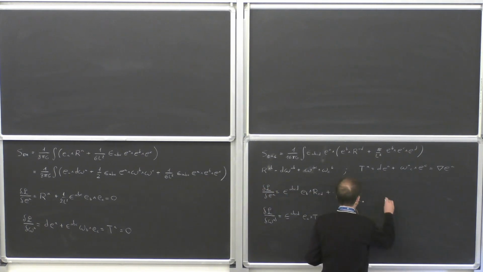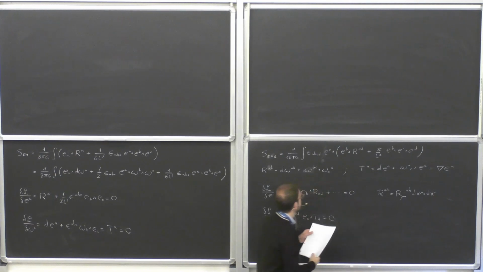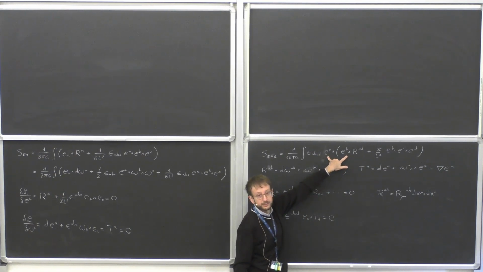The reason is that R^{AB}, so this is something that allows me also to better clarify the notation. As it was implicit in this construction, here I need to integrate a 4-form.